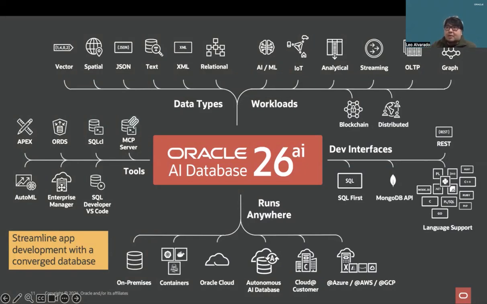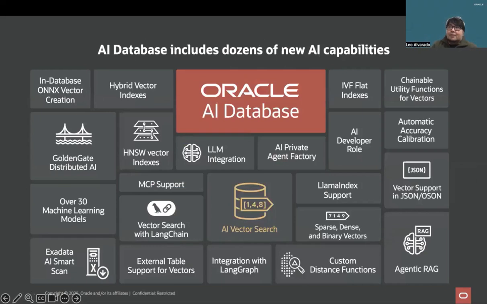You can store different data types for different workloads. You can store structured data, unstructured data, vectors, JSON, and most importantly, it runs anywhere, like on-premise, public cloud, and multi-cloud. So instead of stitching systems together, your Oracle AI database becomes your AI platform.